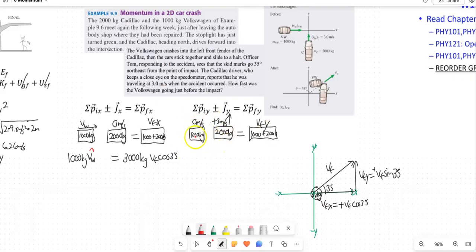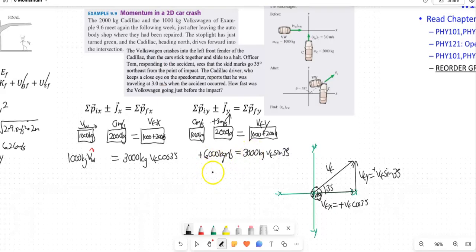So this is going to be 0 momentum. This is going to be 6,000 kilogram meters per second. That is positive. And this is going to be equal to 3,000 kilograms v final sine of 35 degrees.